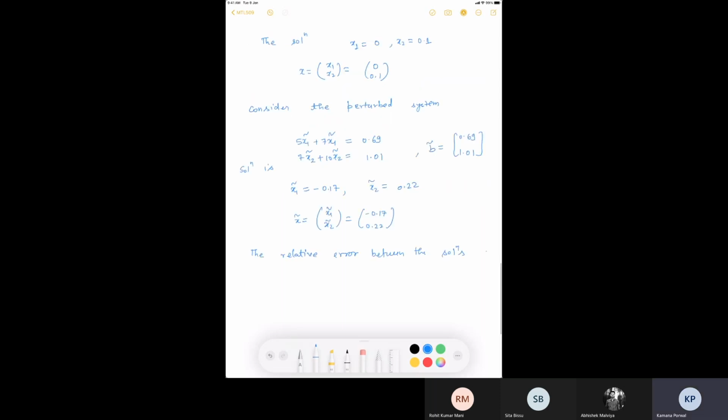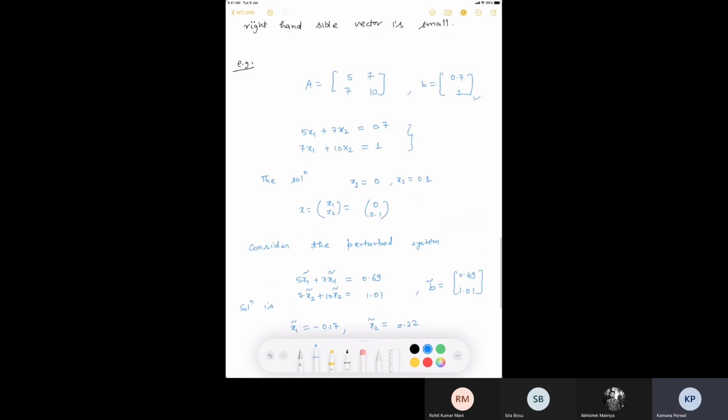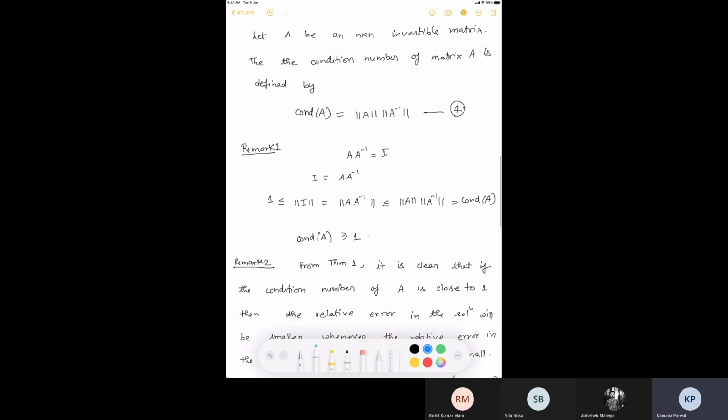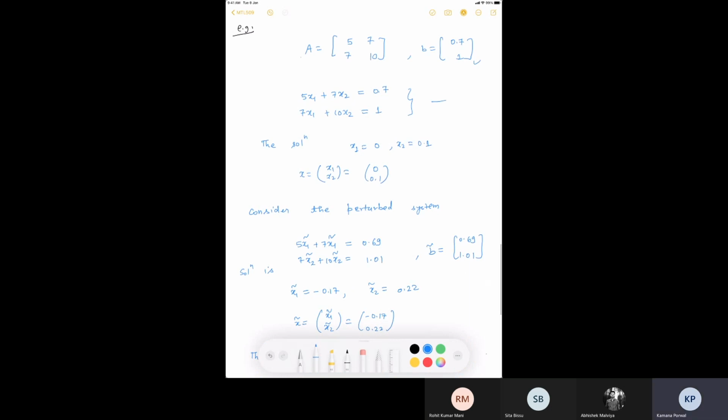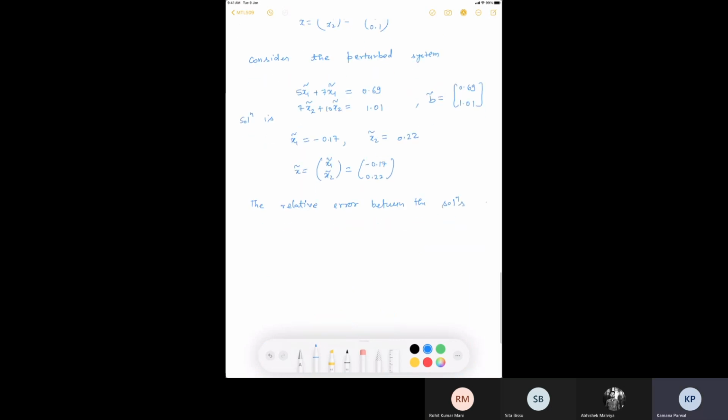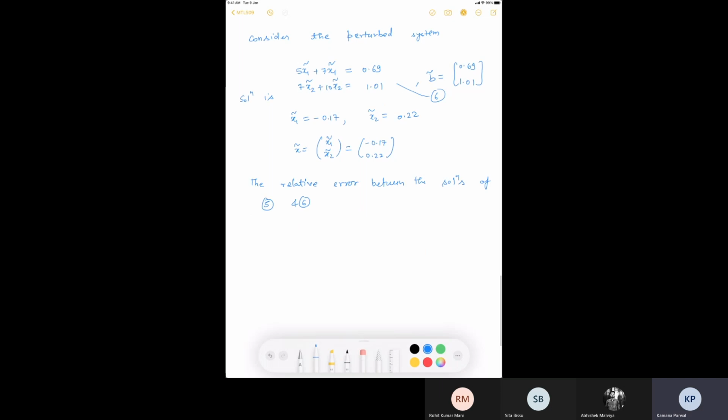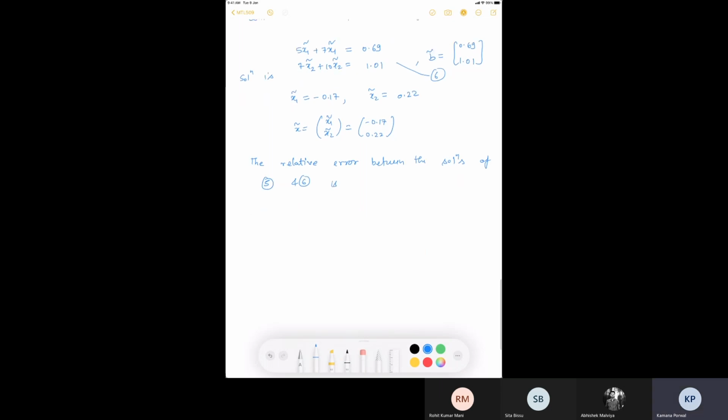Let's name the equations: this is 5 and this is 6. So let's fix the norm.